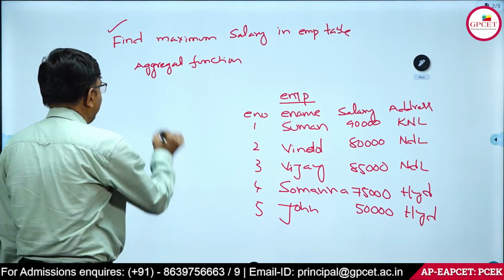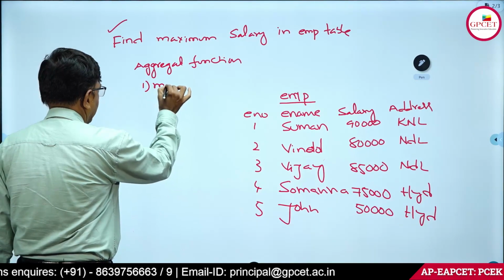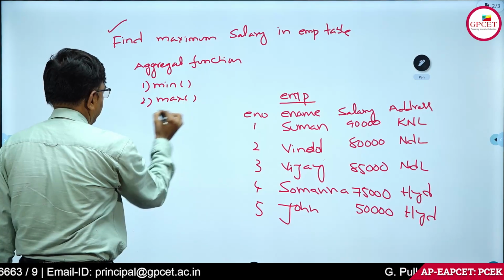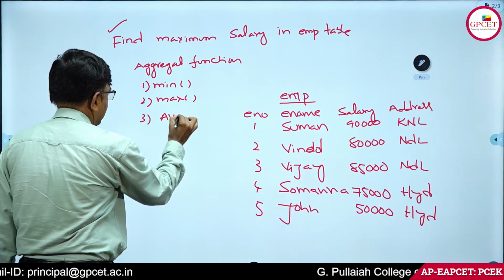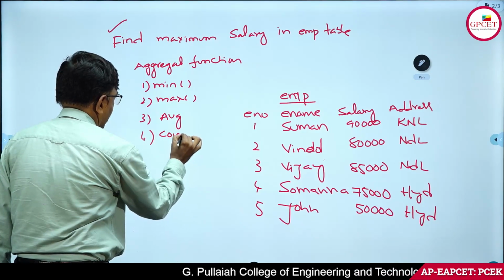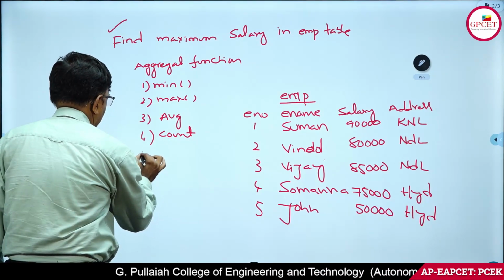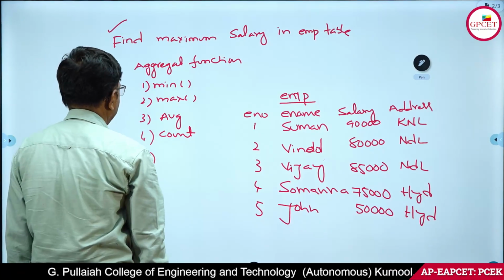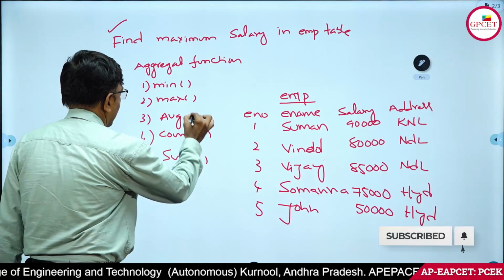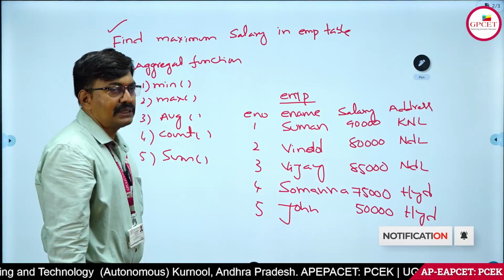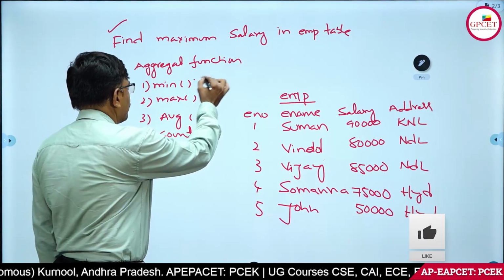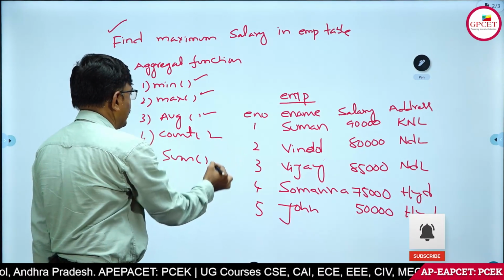The different types of aggregate functions are: minimum, maximum, average, count, and sum. Keep in mind these aggregation functions: minimum, maximum, average, count, and sum.